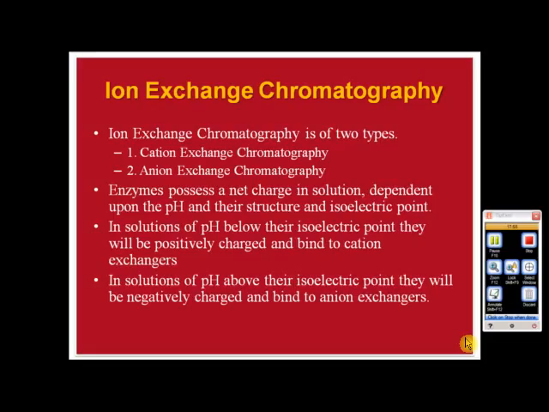We have to increase the strength of the ions. At 5 millimolar, I could release this also, but not this. If you want to release this, you need still more than this. So you have to use it like this, then you will get complete elution.